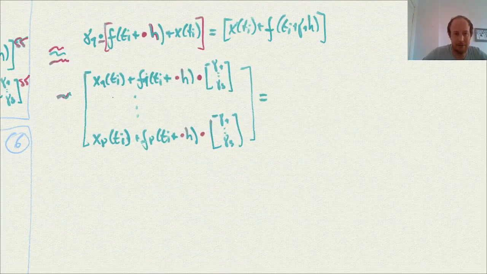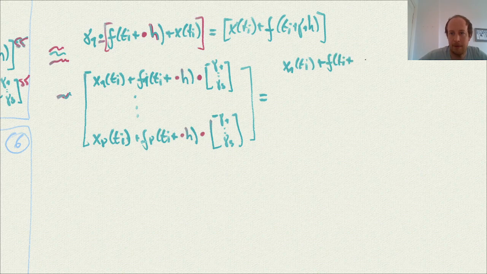I just write down the first part: x_1 of t_i plus f of t_i plus gamma_1 h, x_1 of t_i plus f of t_i plus gamma_2 h, and so on.